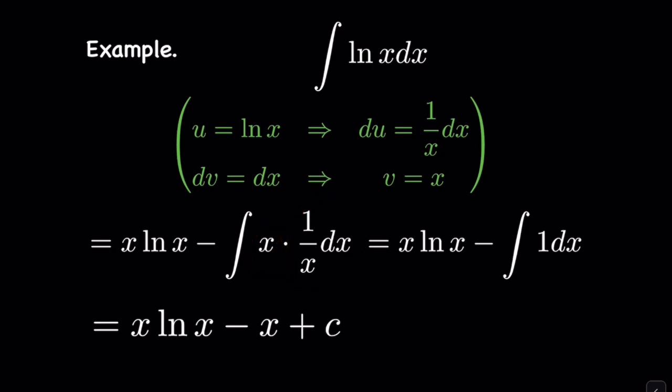And now you see that the x's will cancel, and this integral simplifies to the integral of 1, which is an extremely easy integral. So you see, after applying integration by parts, I'm replacing this integral with an integral which is much easier to deal with. Integral of 1 is x, so I replace that with x, and I add the constant of integration.